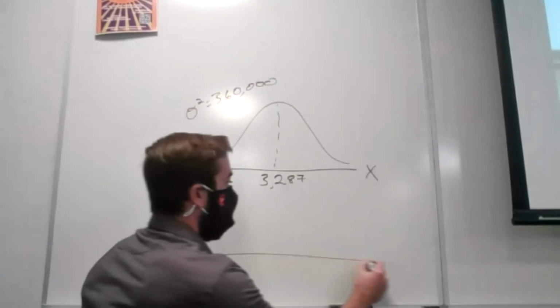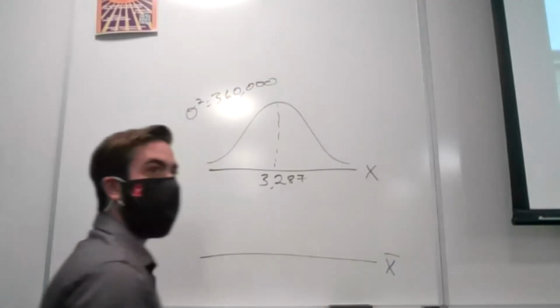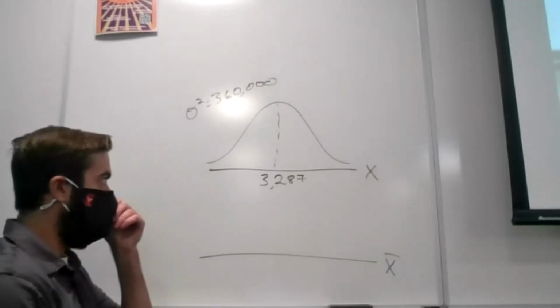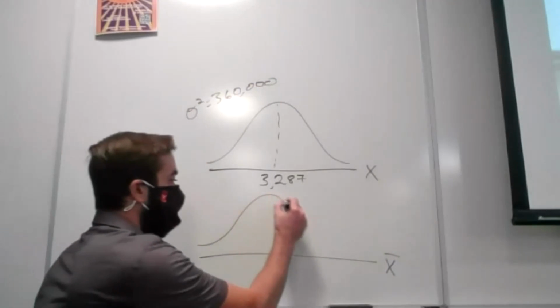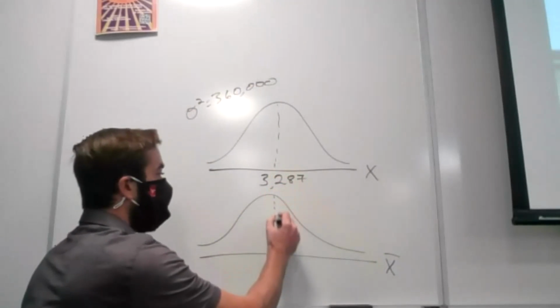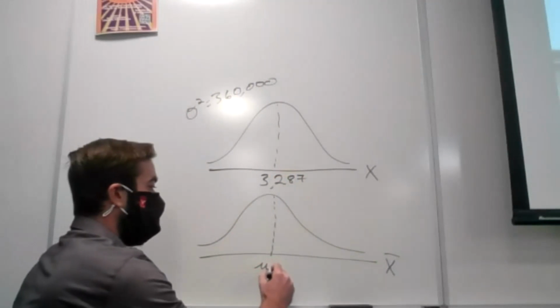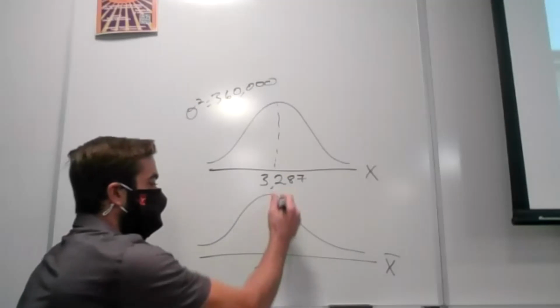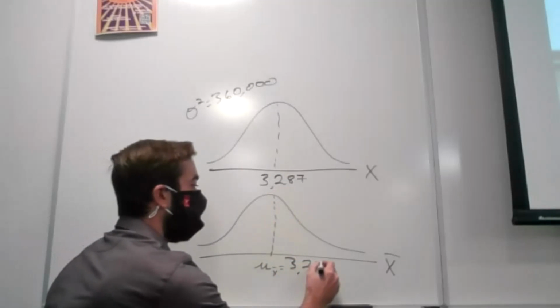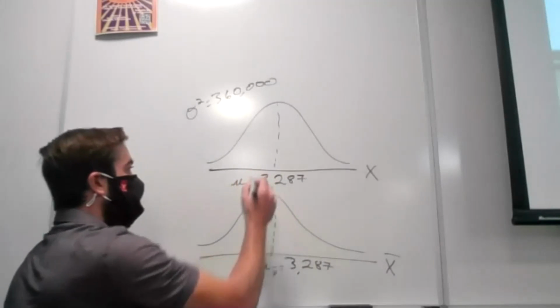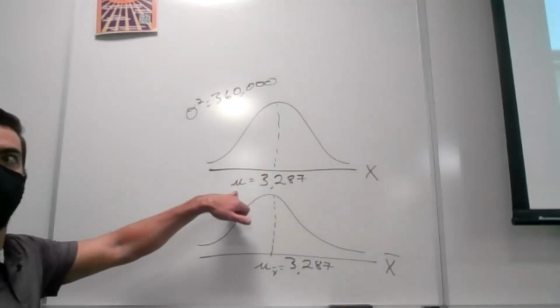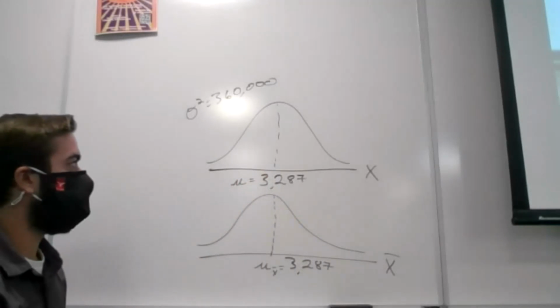If I think about, instead, looking at sample means, the distribution of my sample means will still be centered around whatever that population mean is. So the mean of my sample means will just be that 3,287, because that was the original population mean of the data I sampled from.